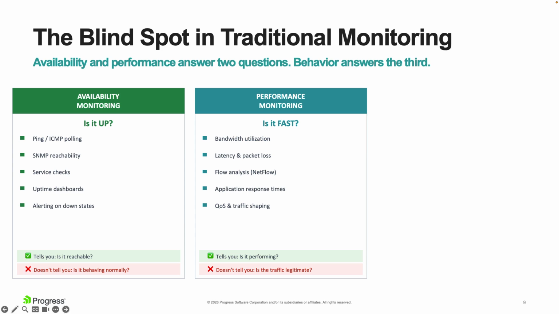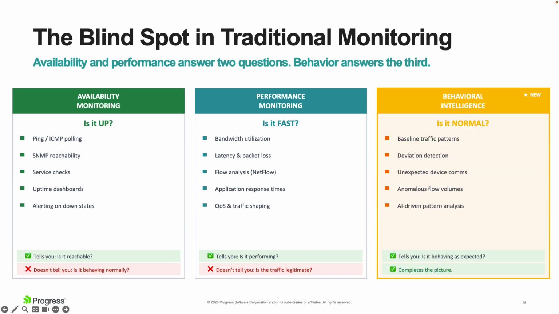And when there is a problem, first you need to prove to the other team that it is in fact their responsibility to fix the issue. And this can take days, hours, or even weeks or months if, for example, the application is being maintained by a third party. So the performance pillar will tell us how fast the network is performing, but doesn't tell us if it's all legitimate traffic.